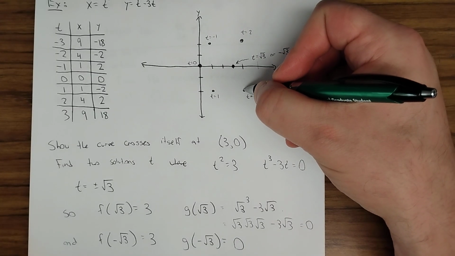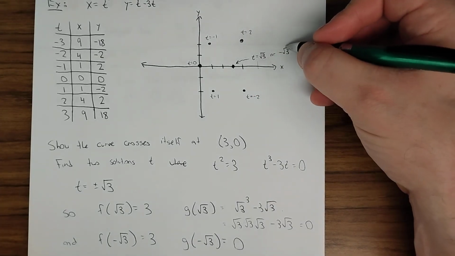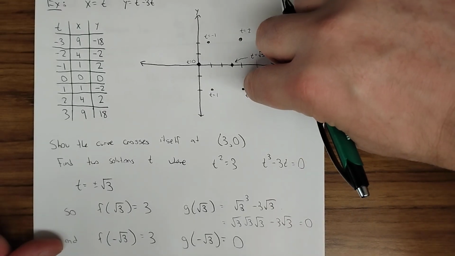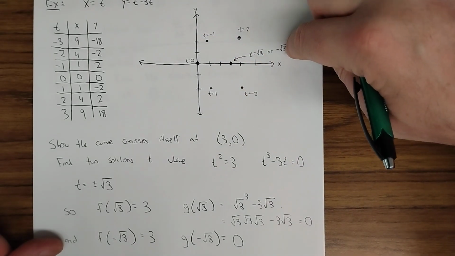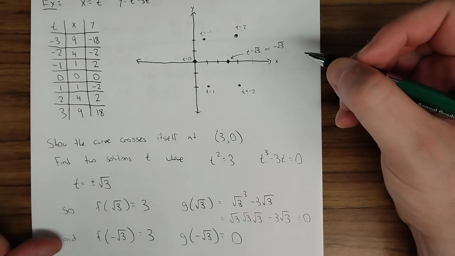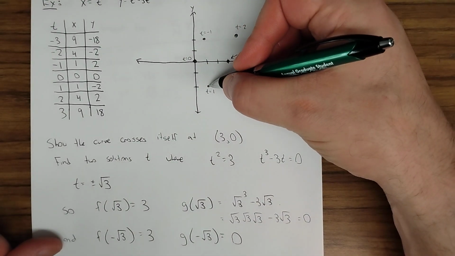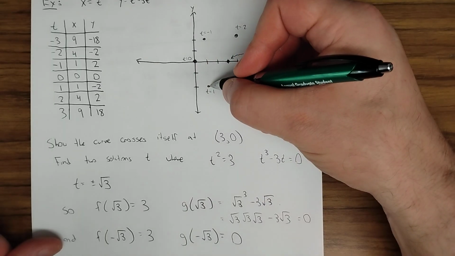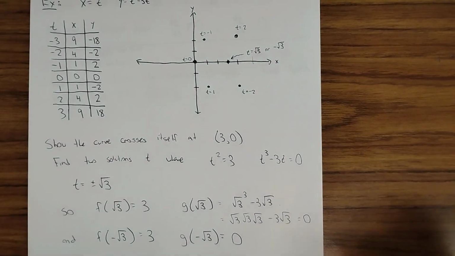Here's negative 2, and then what this is saying is that when t is negative 1.7, so it's like on my way from negative 2 to negative 1, at some point I cross through negative 1.7, and I'm at that point. And then likewise, when it's somewhere in between t equals 1 and t equals 2, then I'm at positive 1.7, and that's when I cross through that point again.